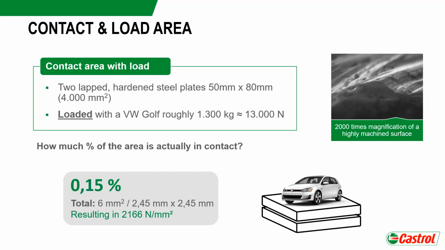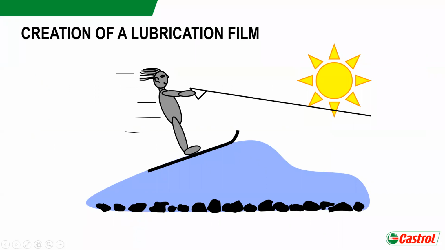And this loaded with a VW results in roughly 2,000 Newton per square millimeter pressure. Such pressures can also be found in some tests like FZG tests in the higher load stages. Next slide, please.